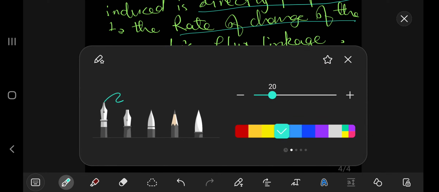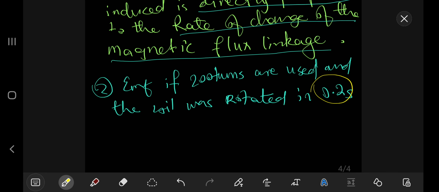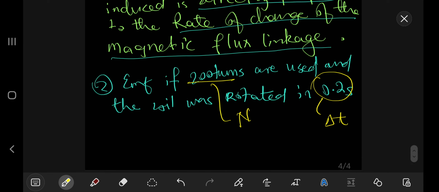So 0.2 seconds is our delta t, and this is our N, right? So calculate the EMF induced.